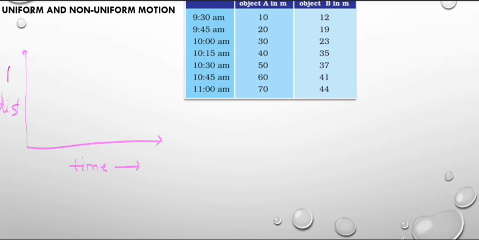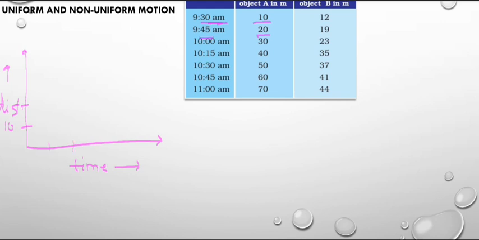Distance traveled in meters. Students, in the first interval, that is at 9:30, the object is at 10 meters. And in the second instance, it is at 20 after 15 minutes.